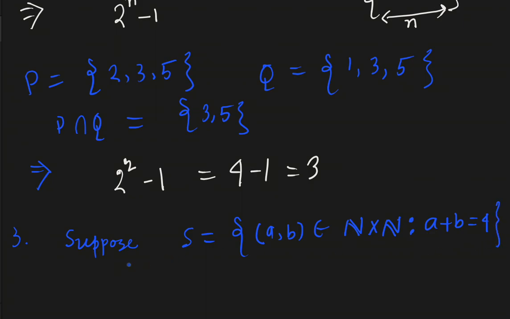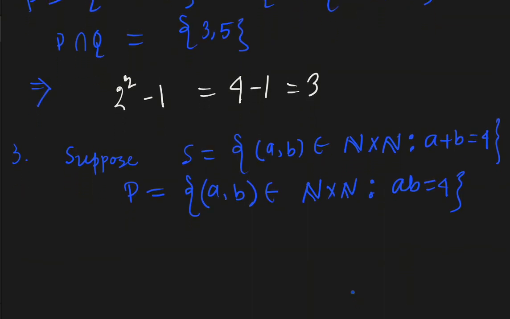So this is a summation set, and B is the set of (a, b) such that ab is 4, a product set. Then what is the true statement here?